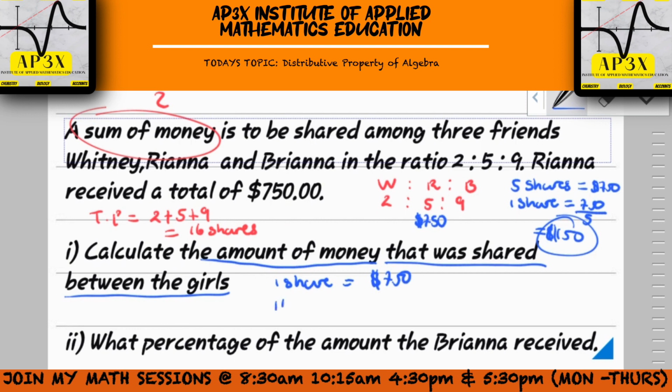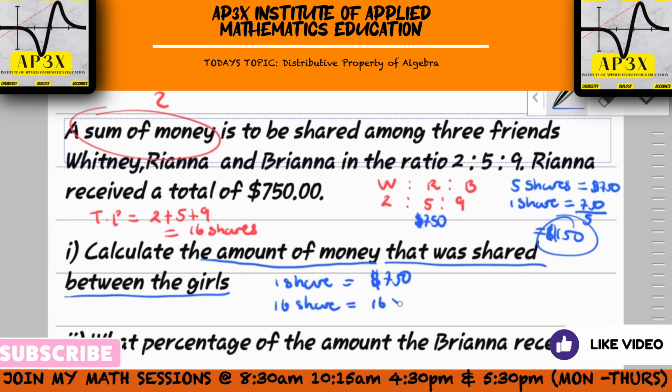So 16 shares is equal to 16 multiplied by 750. All right, and that's how important that is. Now if you jump on our calculator here and we multiply 16 multiplied by 750, you're going to find that the amount that was shared is in fact $12,000. That was the amount of money being shared between the three girls.